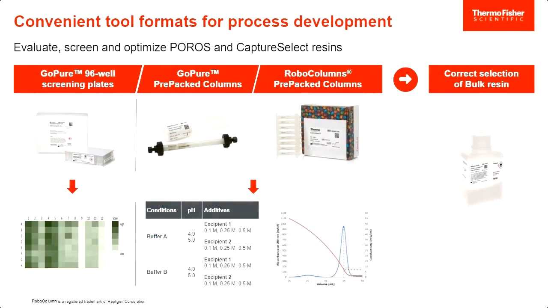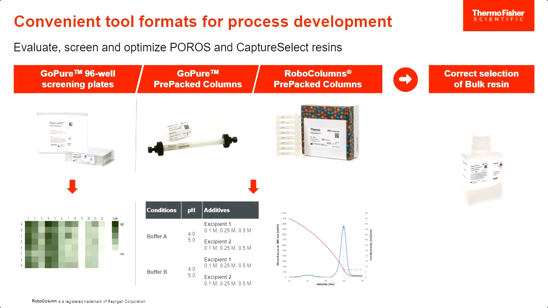Now, speaking of DOEs and different buffer conditions, we have a range of pre-packed tools that could help your screening experiments. Most of our Capture Select and porous resins are available in pre-packed 1 ml and 5 ml columns. And we also have the 200 and 600 microliter robo columns available that could be used with your liquid handler, so your TCAN or your Hamilton.